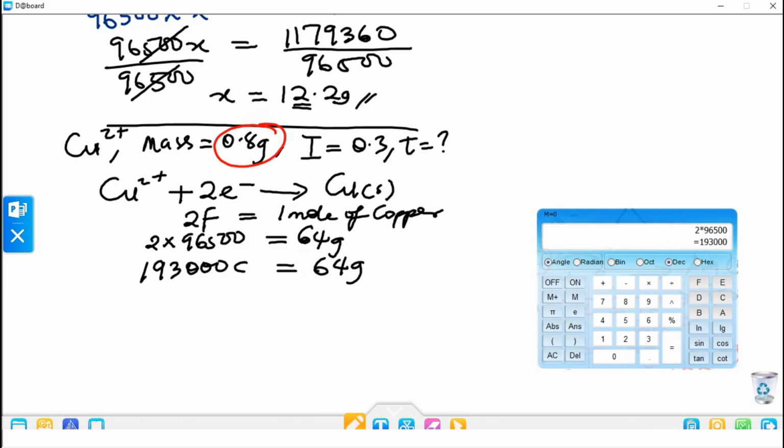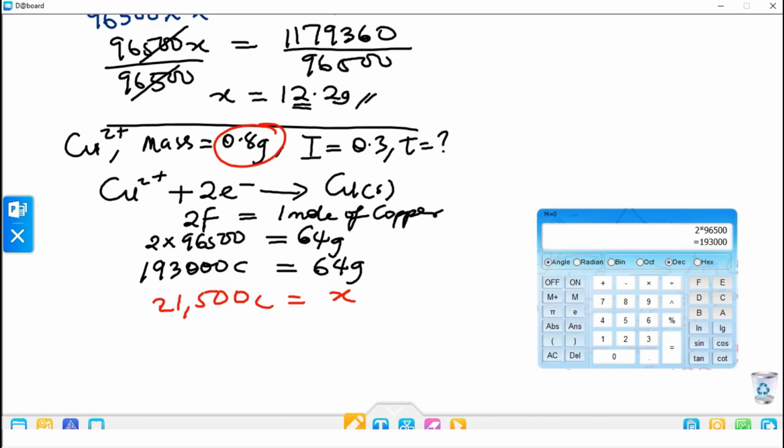Ordinarily, what we should have done here is to say, since 193,000 coulombs of electricity gives 64 grams of copper, like in the previous example, let's say 21,500 coulombs of electricity will give X, and then we go ahead looking for the mass of the copper that will be produced.